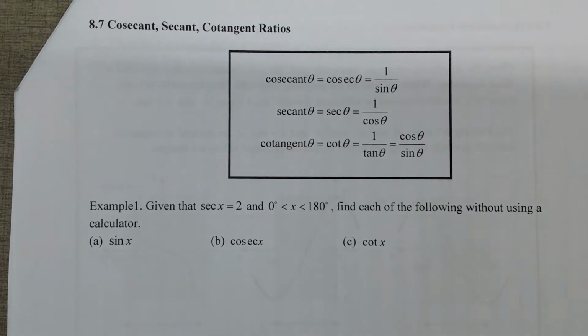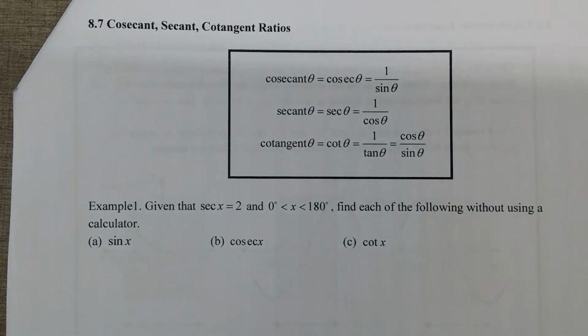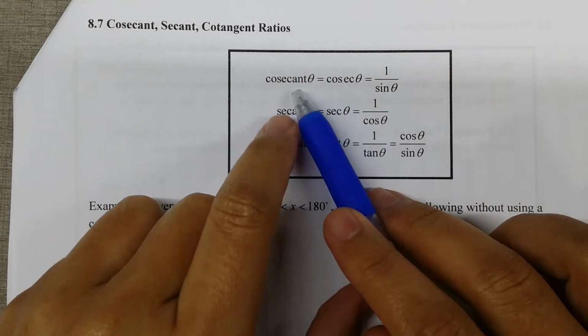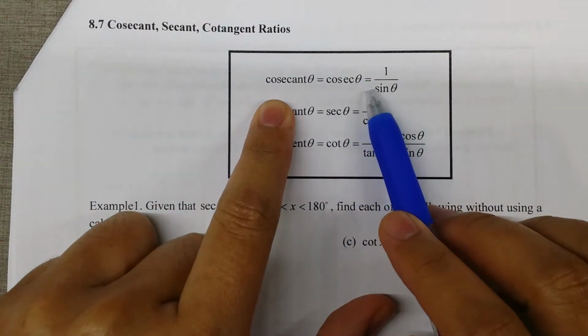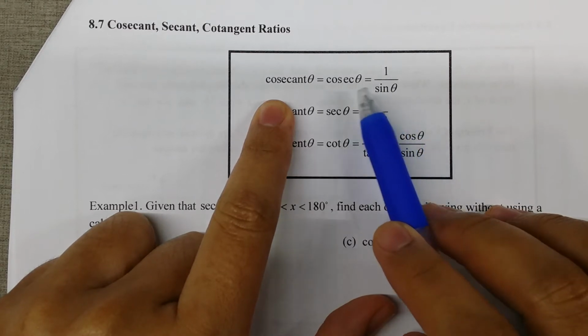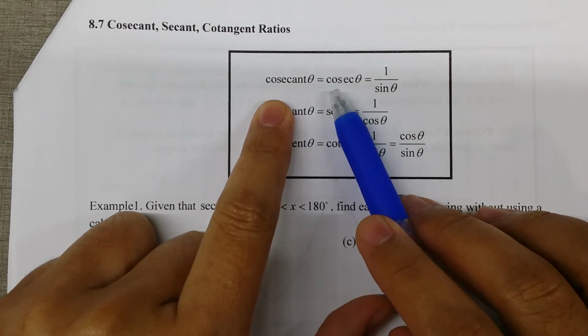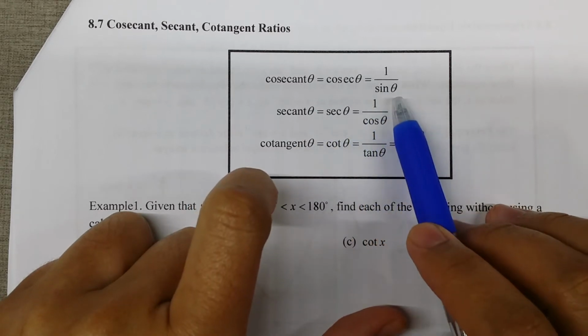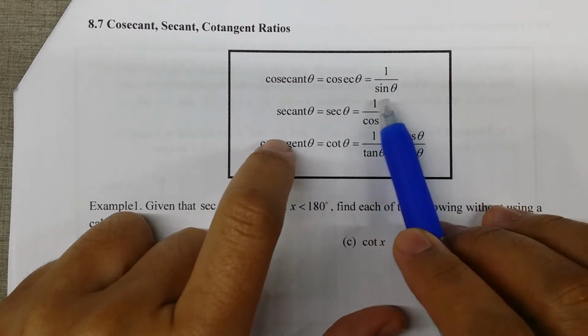So, is it very difficult? Actually, it's not. They are related. For example, cosecant theta is actually equal to 1 over sine theta. Cosecant theta, in short, you say cosec theta, equals 1 over sine theta.